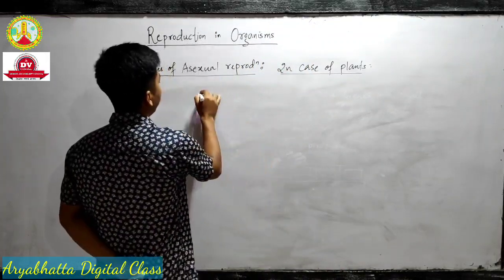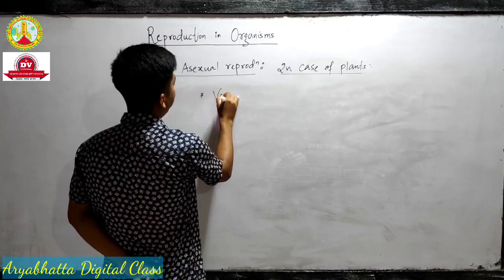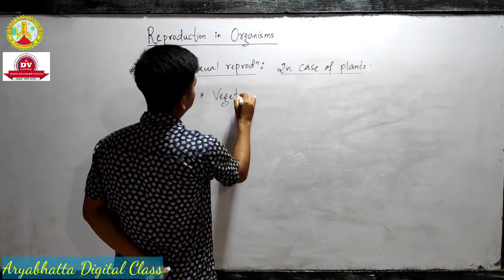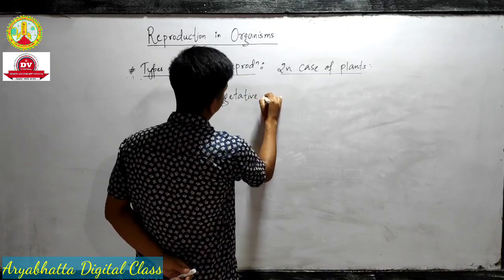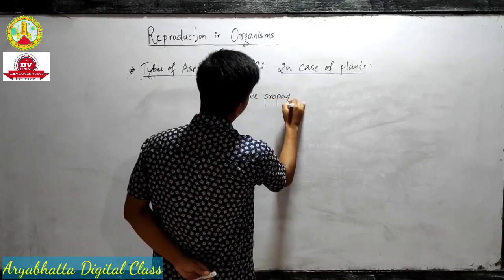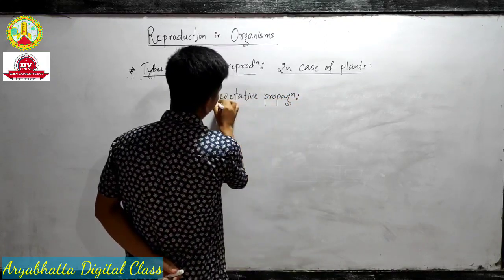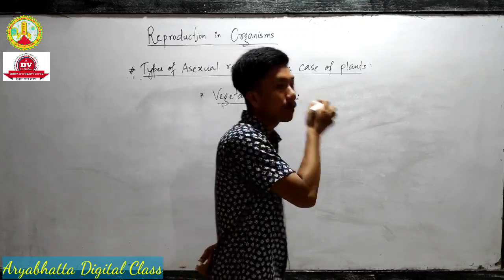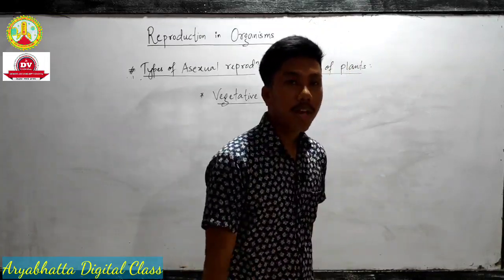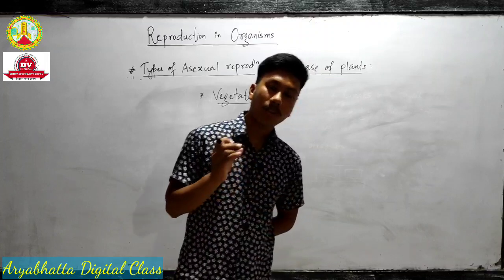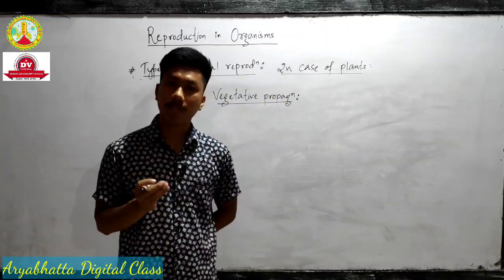We call the term vegetative propagation. The asexual reproduction that is produced in case of plants, we call it vegetative propagation.